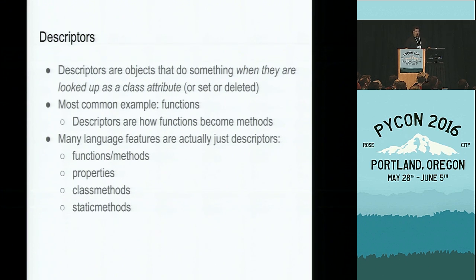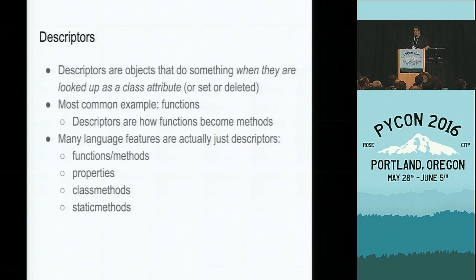So the most common descriptors that people deal with are functions. Descriptors are what allow functions to become methods. Functions know how to bind themselves to objects, and we'll discuss that in a little more detail. But the same magic makes properties work if you've used the property built-in, class methods, static methods, things that in most languages would just be bare language features, could all be written from scratch in Python code.